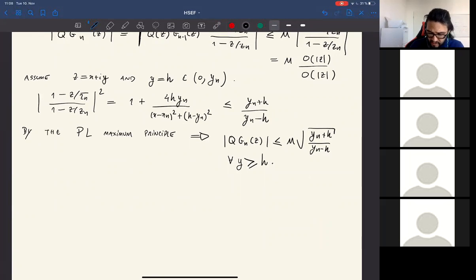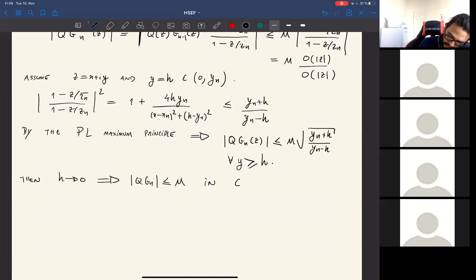Okay, but then h could be any number between 0 and yn. So if I send h to 0, we conclude that QGN is less or equal than m in C+.